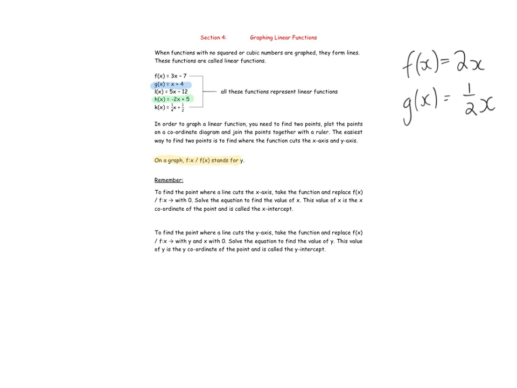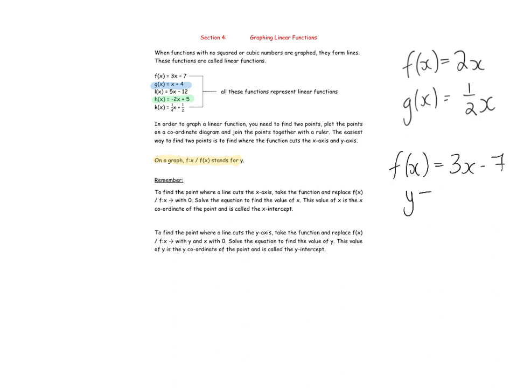Going back to how to graph linear functions, to find where a graph cuts the x-axis, take the function, replace f of x with 0, and solve the equation to find the value of x. This value of x is the x-coordinate of the point and is called the x-intercept. I'm going to do that with this function up here. f of x is equal to 3x minus 7. We're trying to find where the graph cuts the x-axis, so we let y equal 0.